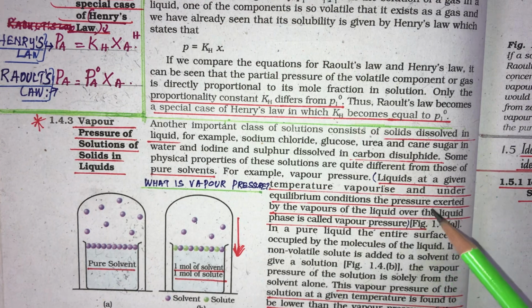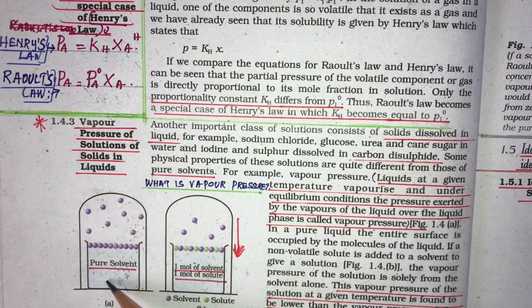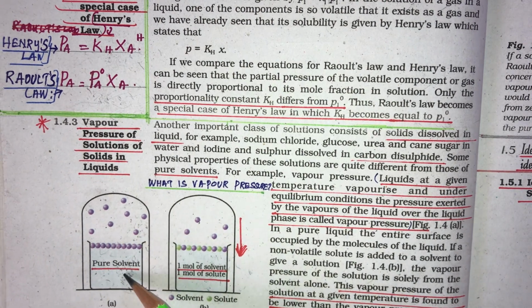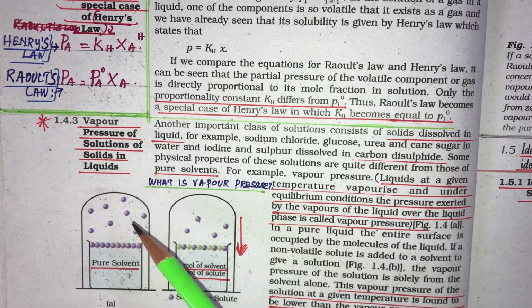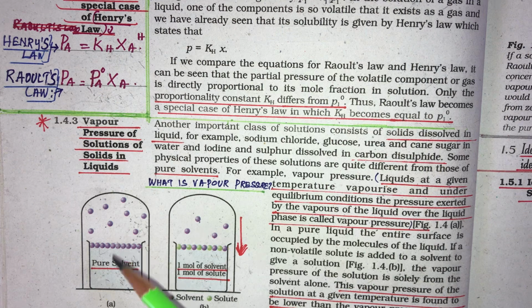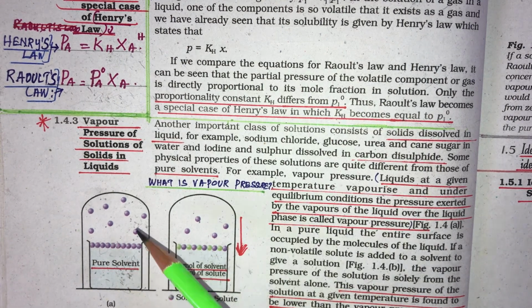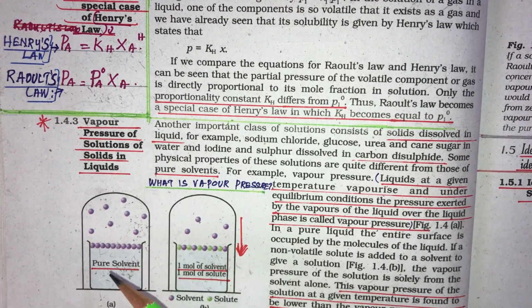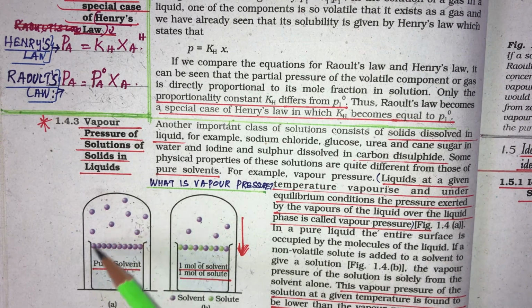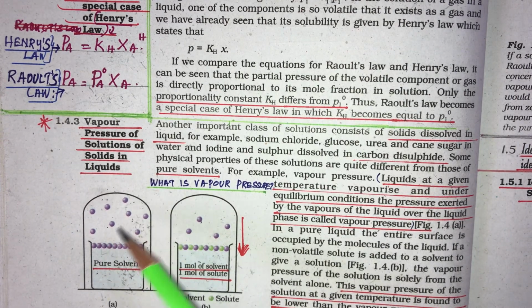What is vapor pressure? A liquid at a given temperature vaporizes under equilibrium condition. The pressure exerted by the vapor molecules over the surface of the liquid is called vapor pressure. Here, in the pure solvent, only solvent molecule vapors are present.